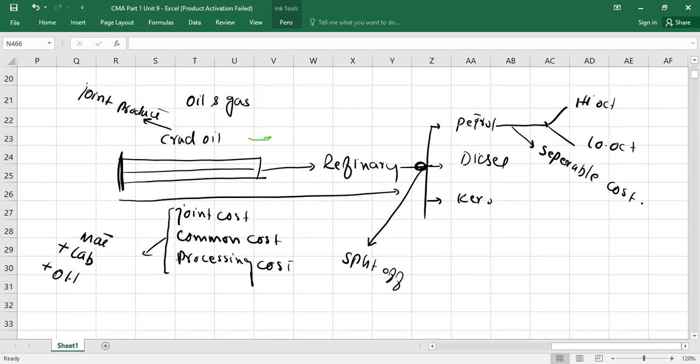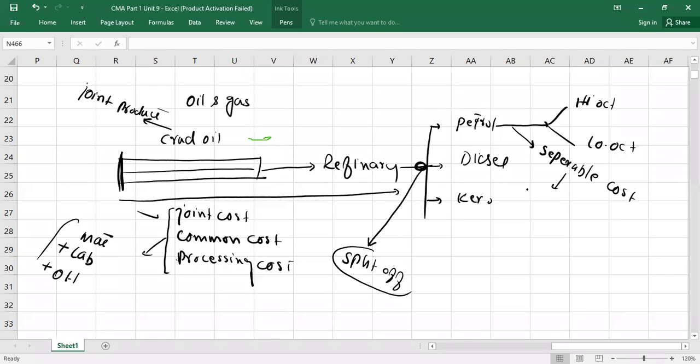Now, actually, what is the topic here? If you look here, I told you 3 to 4 different definitions. First, I told you about the split off point. Then the definition of joint cost, common cost, and examples of them. Then I told you what the separable cost is.